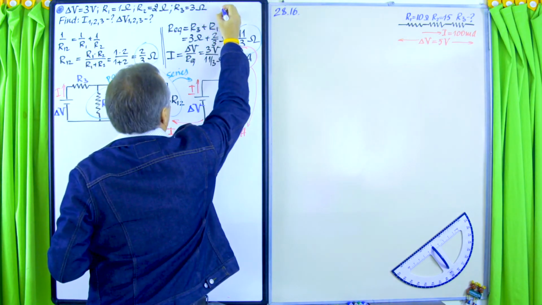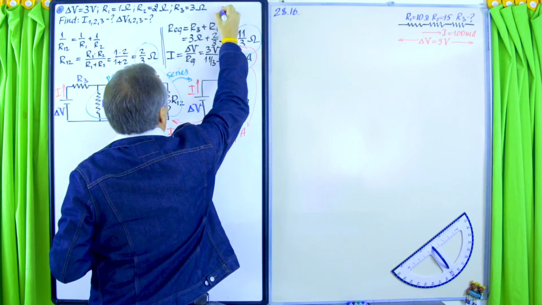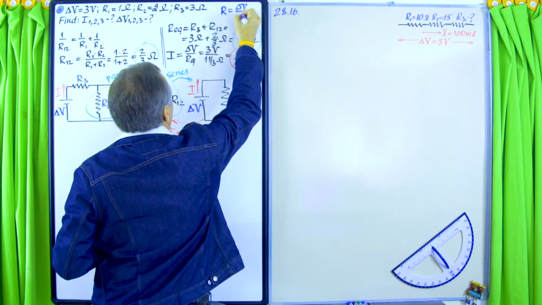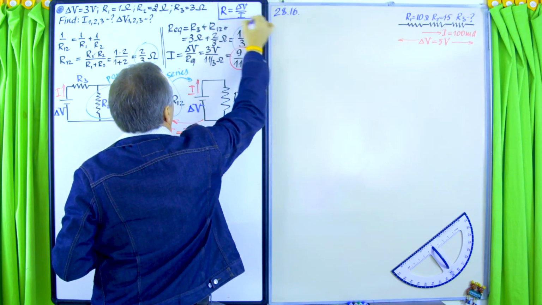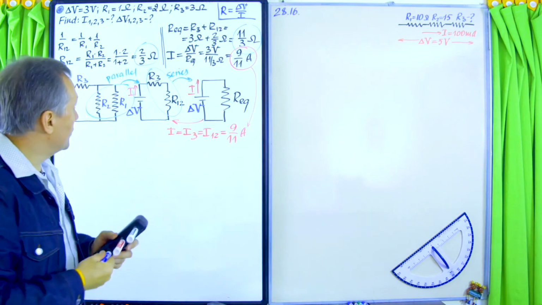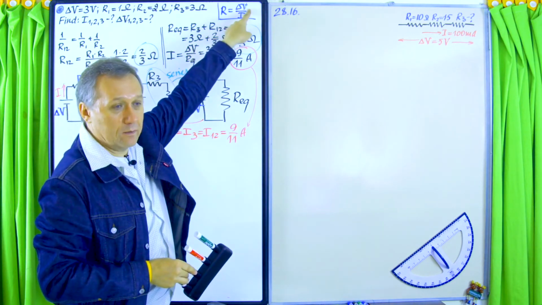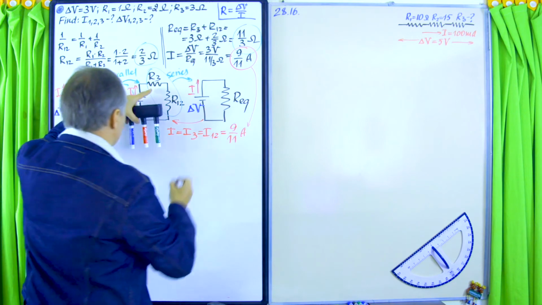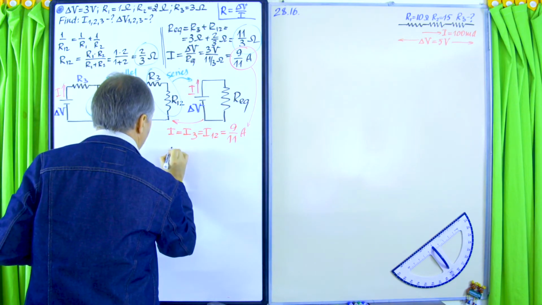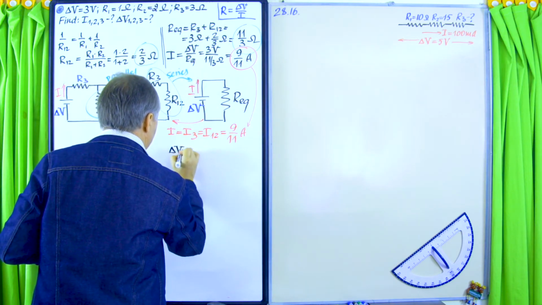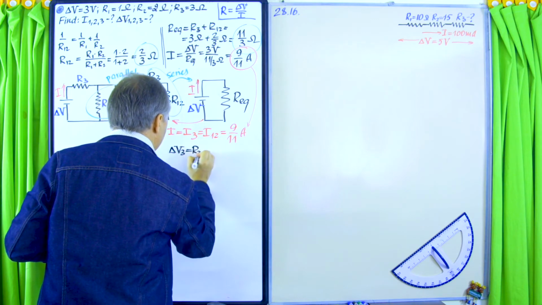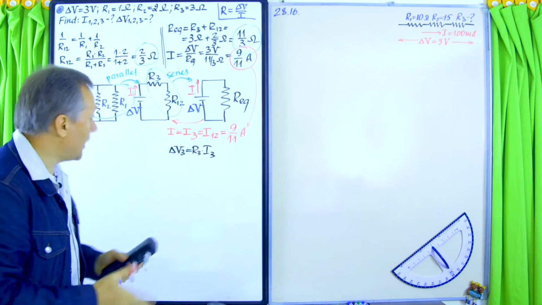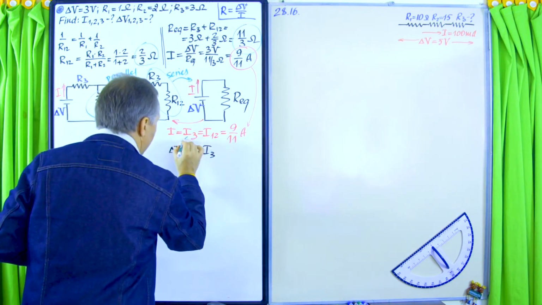So let me write it like this. R equals delta V divided by I. Okay, let me frame it. And now we need to find delta V. So it's R times I. So I can write delta V3 equals R3 times I3. And again, that current I3 comes from the bridge.